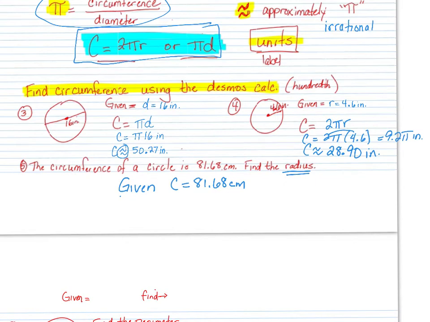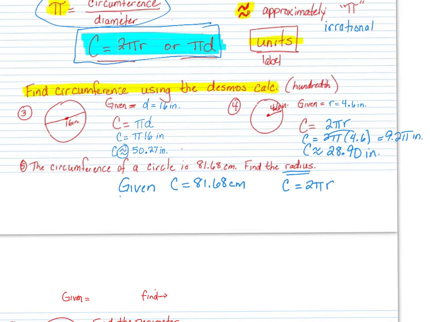Which formula do you want to use? Landon? Pi d. How many of you want to use pi d? How many of you want to use 2 pi r? It doesn't really matter, but because we're finding the radius, I'm going to use C equals 2 pi r.